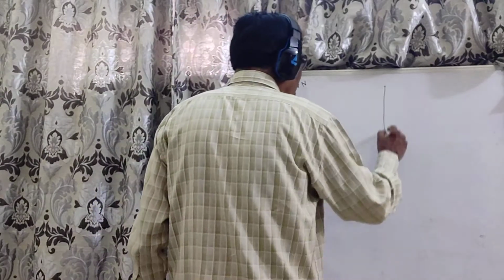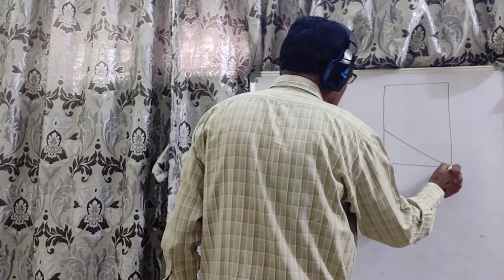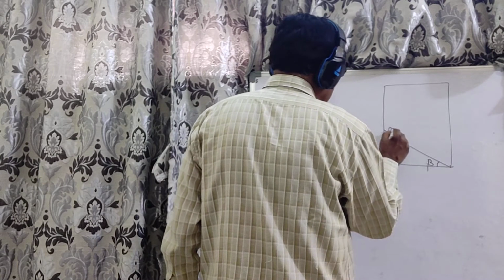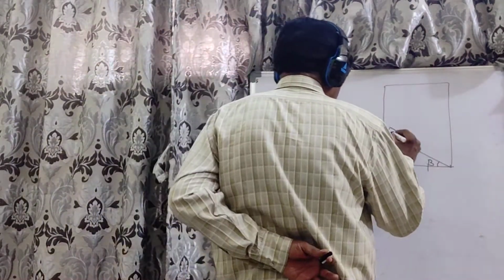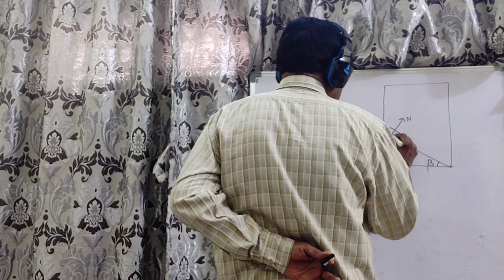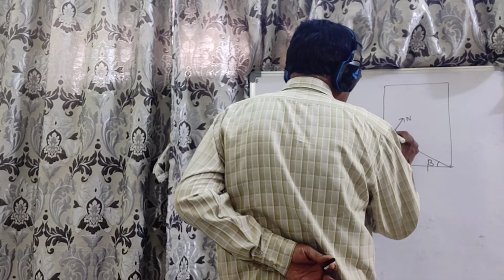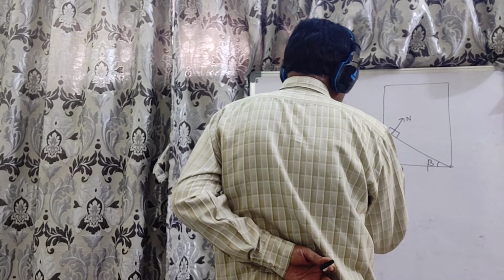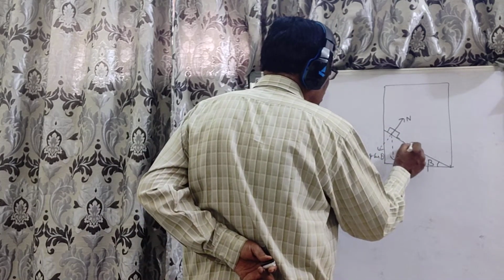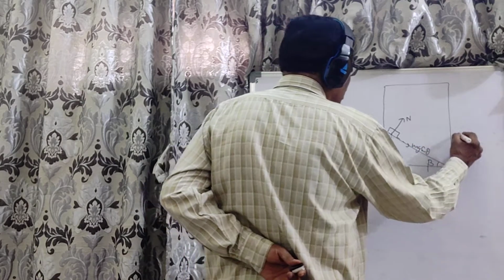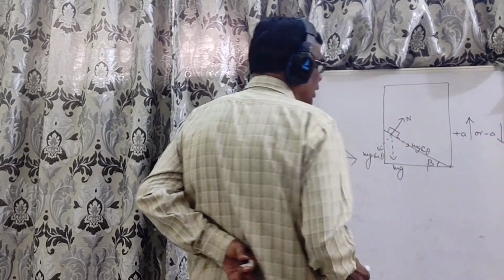Now, I put this inclined plane in an elevator. I put N, and this is mg, this is mg cos theta, and this is mg sin theta. I am taking plus a up or minus a down.